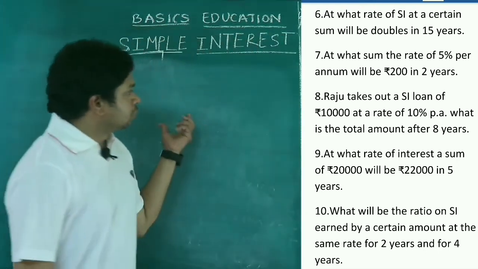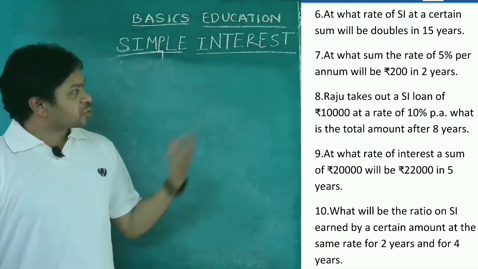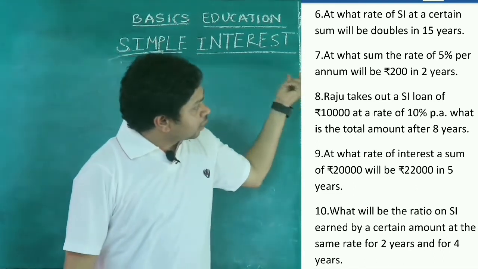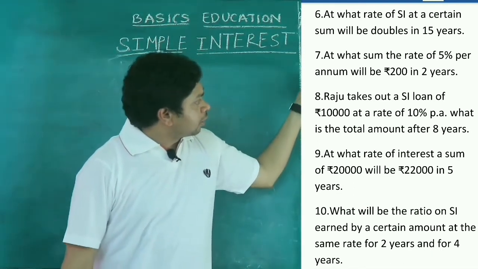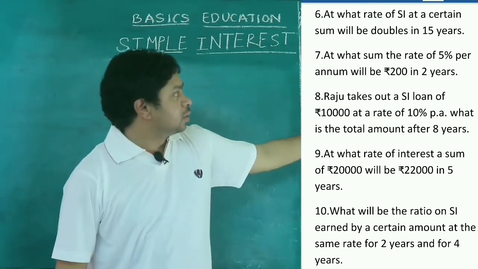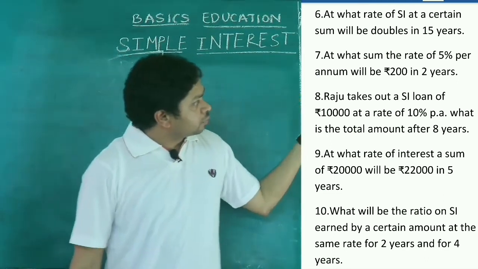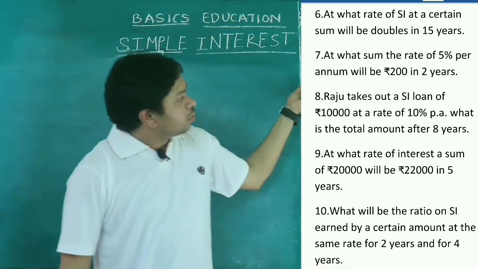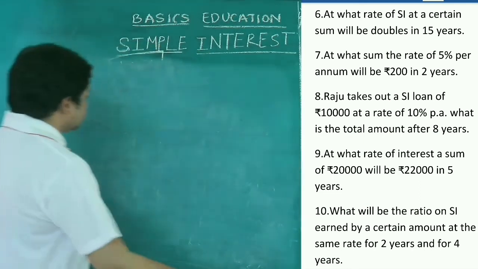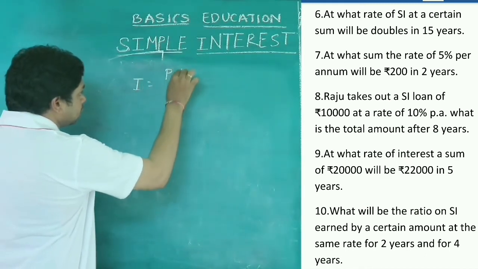Okay, and then go to the next problem. At what sum at the rate of 5% per annum will the interest be 200 rupees in 2 years? So again I'll tell you. Then we know I equals PTR by 100.